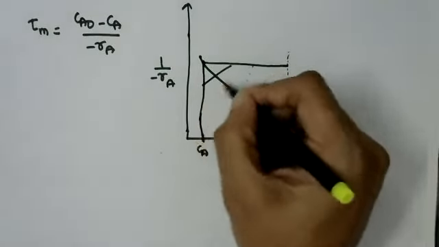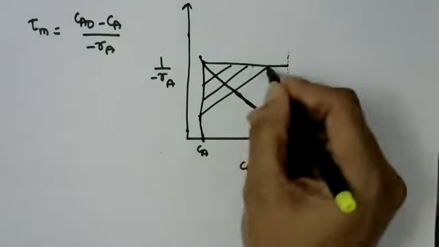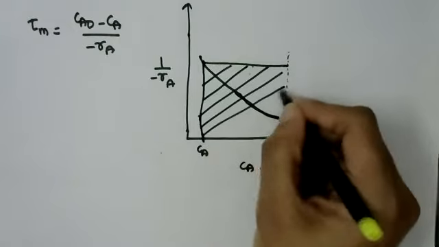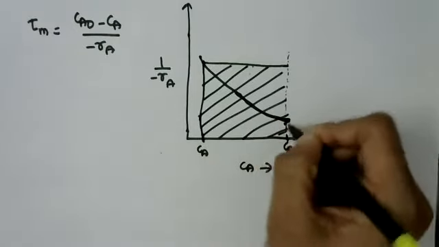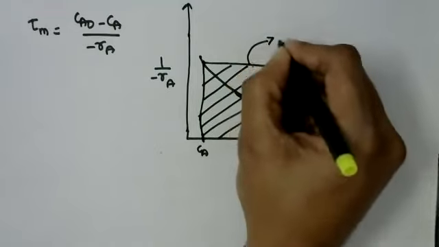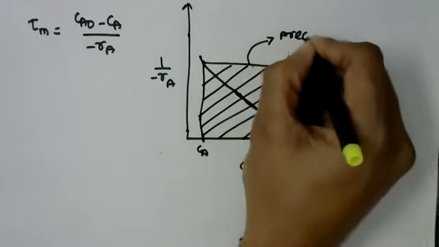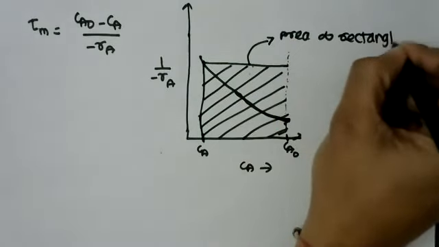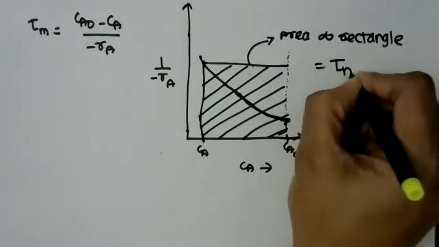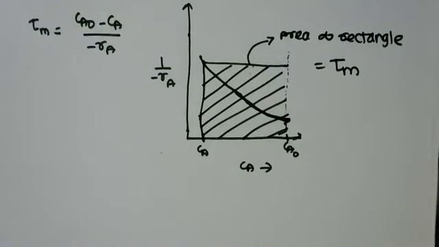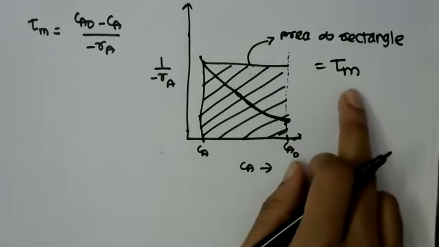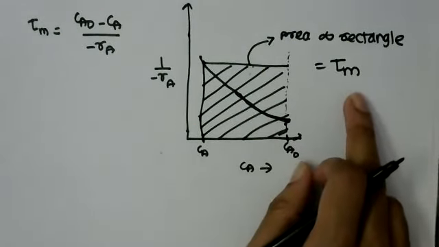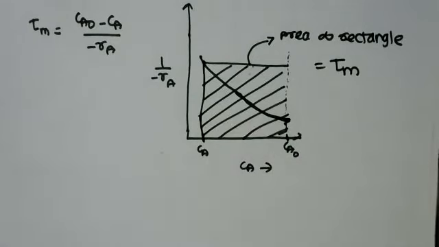And this area of the rectangle is equal to tau m, where tau m represents the space time.